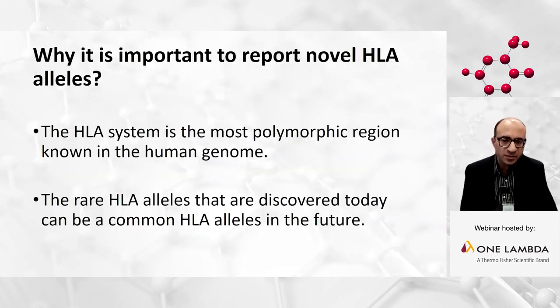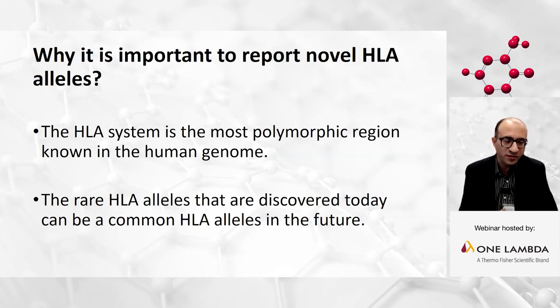So if anyone asks me why it's important to report a novel HLA allele, I can simply answer this in 2 sentences. The first is, HLA is the most polymorphic region, so it's going to evolve, and there are more genes that will be discovered.